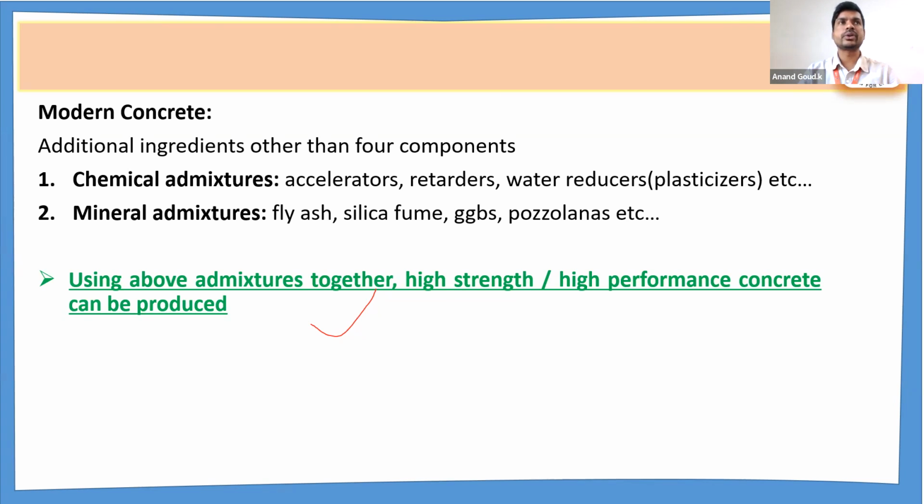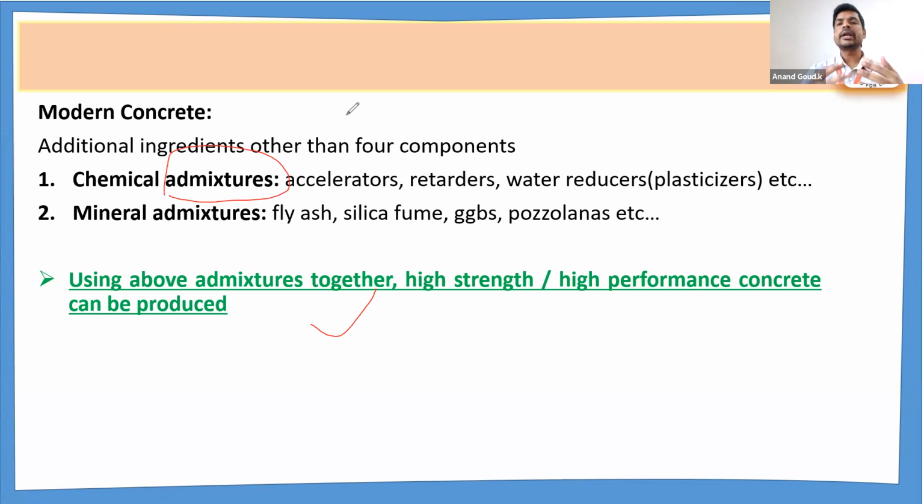Whatever failures we are going to get, to overcome that failure we need to do something, right? That will be overcome by using these extra materials, and these extra materials are called admixtures. This is the word we are going to use, admixture.